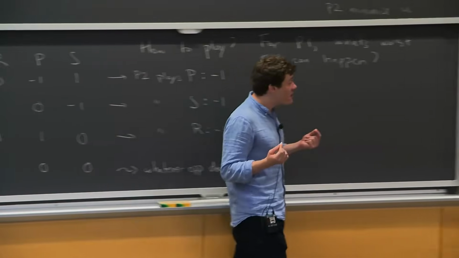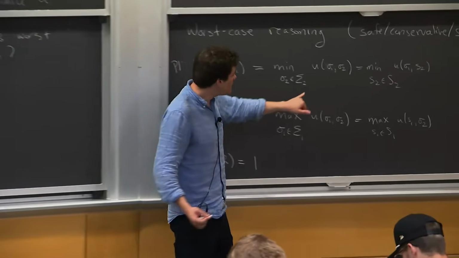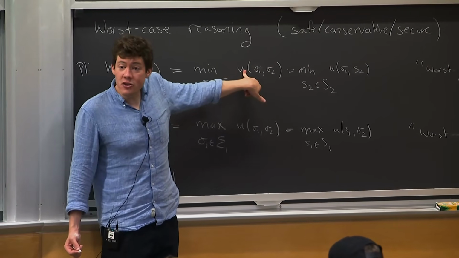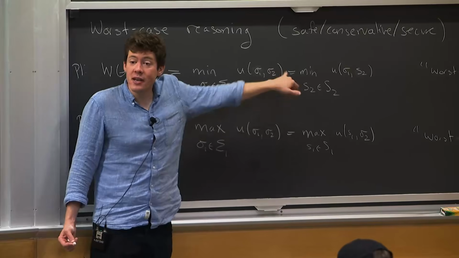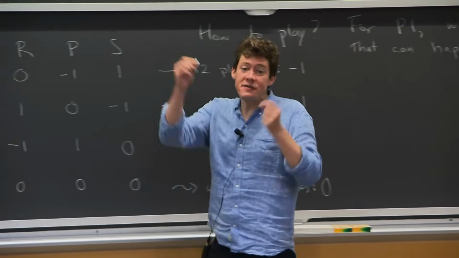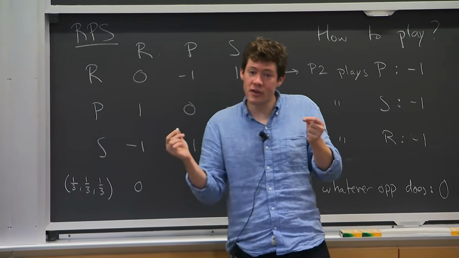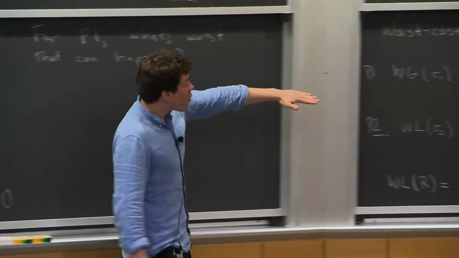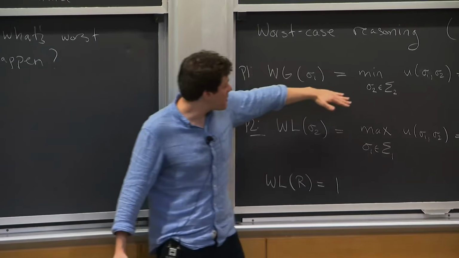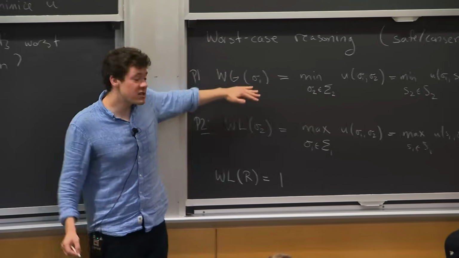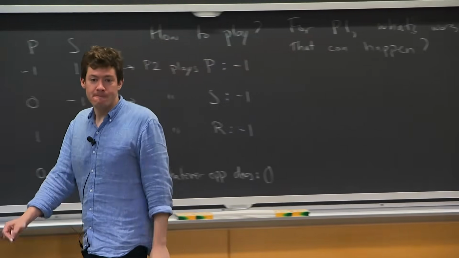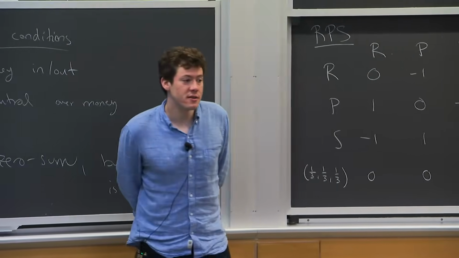So mathematically, what's going on is that once I fix one player's strategy, the utility function as a function of the other player's strategy is a linear function. And a linear function over probabilities achieves its maximum at a corner solution at the endpoints. But the worst case gain function, WG, is no longer a linear function. Because it's a minimum over linear functions, it's actually going to be a concave function. And that's mathematically what's going on. Good question. Any other questions on this?